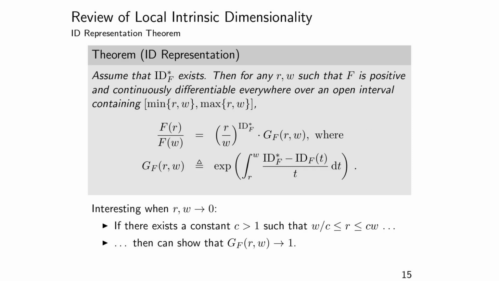And that adjustment factor, g of f, as messy as it is, you can show that when r and w are allowed to tend to 0 together, without any one of them being more than a constant larger than the other, as long as f satisfies the smoothness conditions, then the factor g of f vanishes. It tends to 1, and then it leaves us with just a relationship.